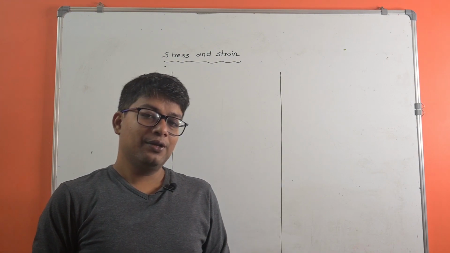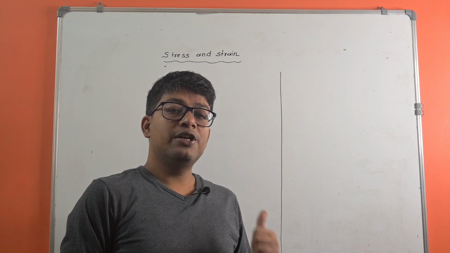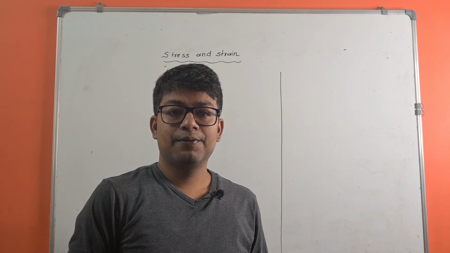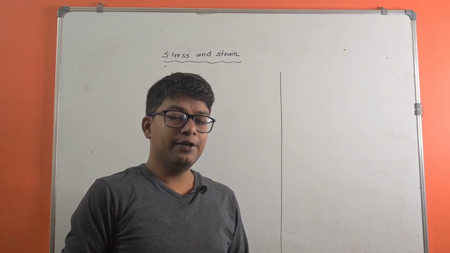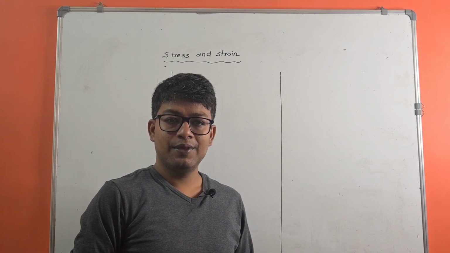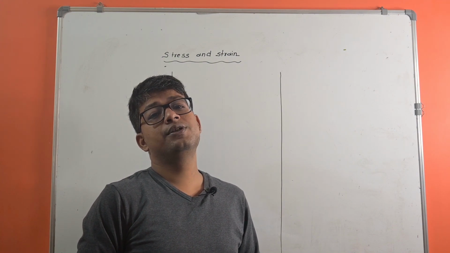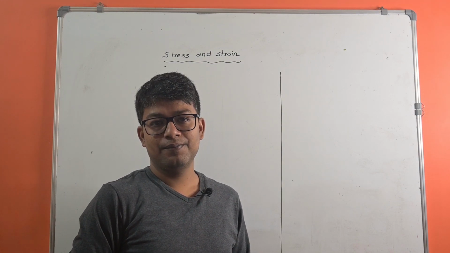Alright. So what is stress? This is how stress is defined. The stress developed inside a body is given by the ratio of the force applied to the area of the surface of the body over which that force is applied.